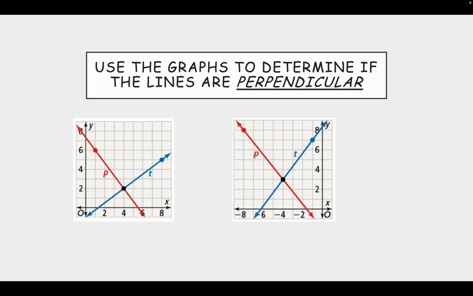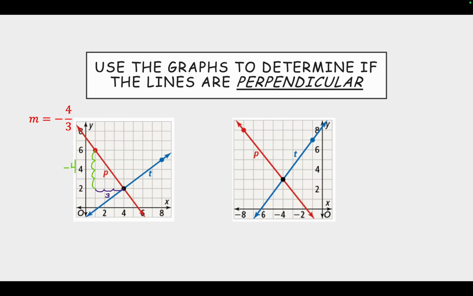Use the graphs to determine if the lines are perpendicular. To do so, we just need to count the slope of the red line, count the slope of the blue line, and figure out if they're perpendicular. If we count our points on the red line, we go down 4 and over 3. So the slope of our red line is negative 4 over 3.